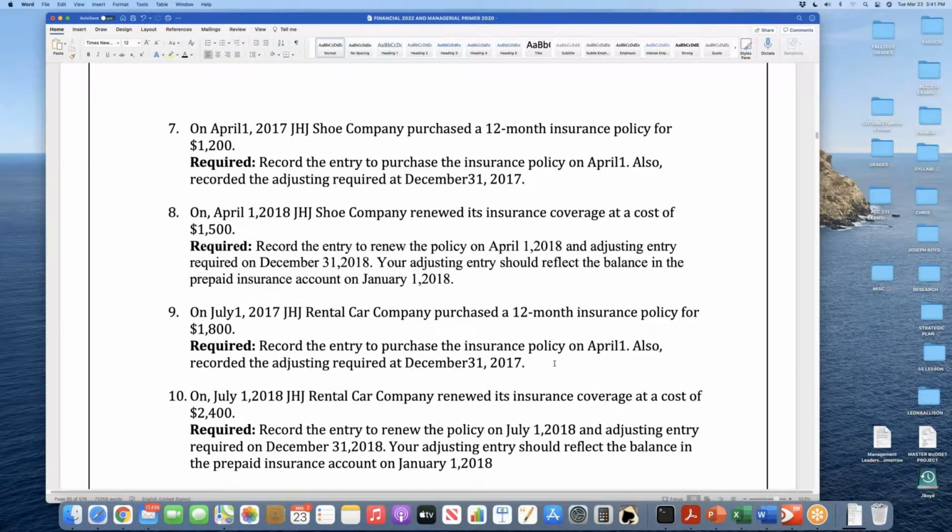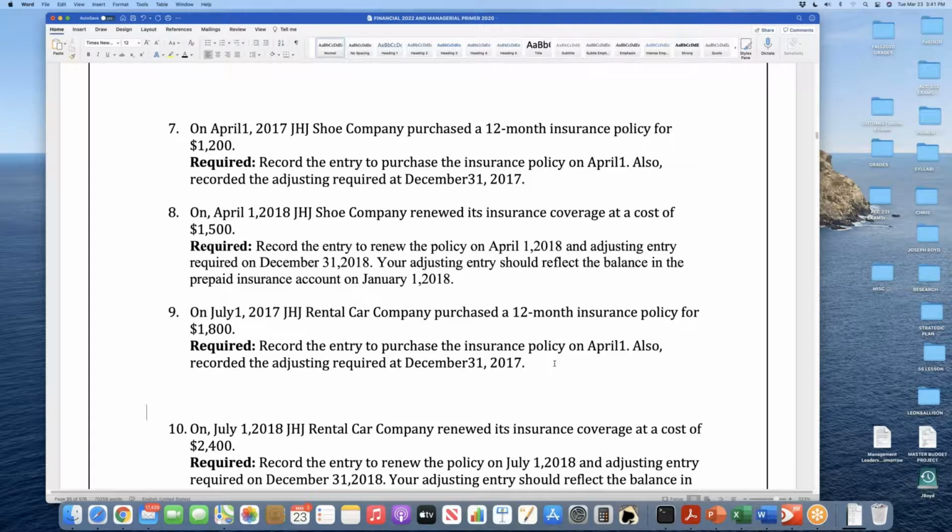All you're gonna do when you buy an insurance policy, you're going to debit prepaid insurance. I need to put my accounts down here. So you're gonna debit prepaid insurance for $1,800.